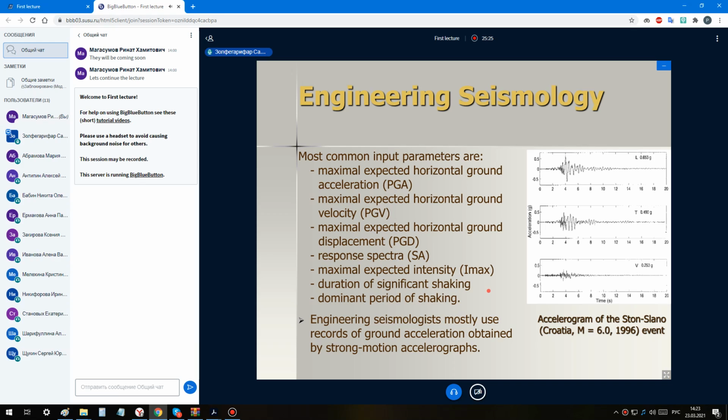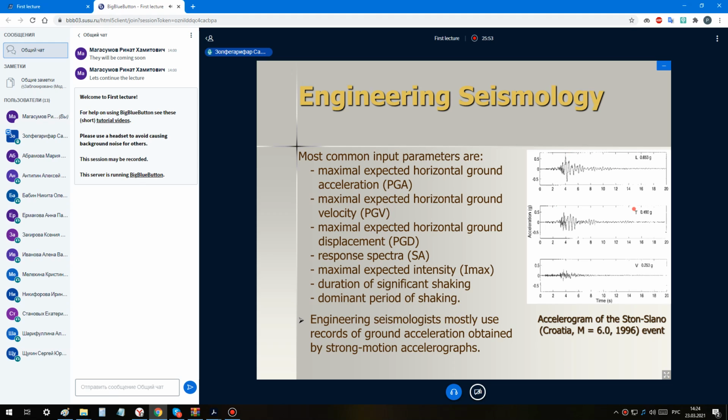The duration of significant shaking and the dominant period of shaking are also important for engineers in design. In fact, engineering seismologists mostly use records of ground acceleration obtained by strong motion accelerographs.